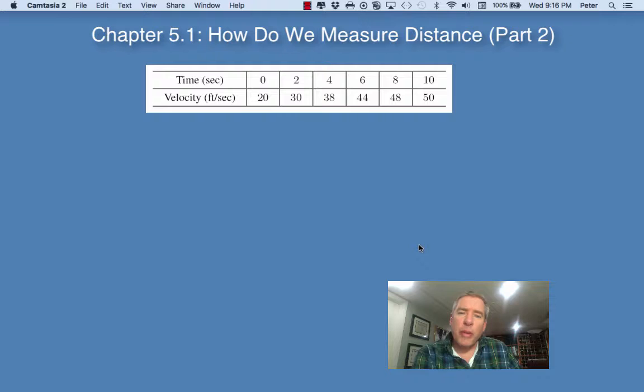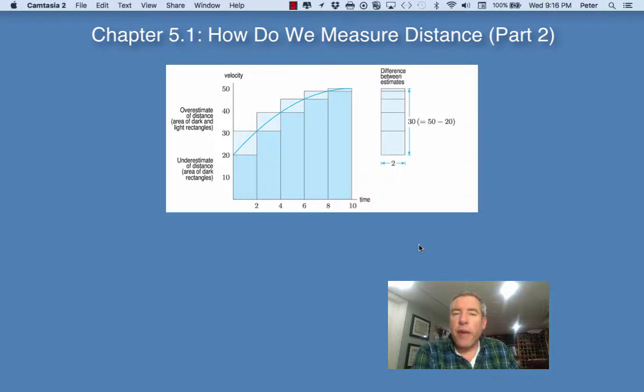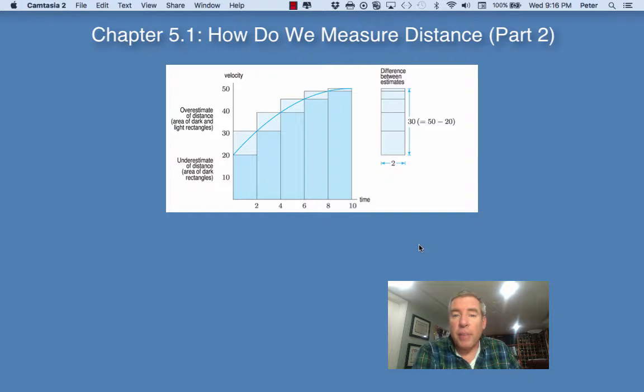Well, as we did that, we then looked at the same data, but this time in graphic form. And we found that that multiplication we did was really just represented by the area of a rectangle whose height was the value of the function and whose base was an interval of time.